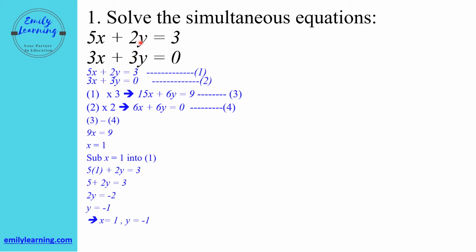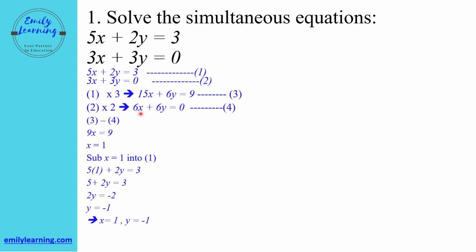So next, for the first statement, I'm going to multiply all the terms by the coefficient of y in the second statement. So I'm going to multiply every term in equation 1 by 3. Then for the second statement, I'm going to multiply it by the coefficient of y in the first statement. So I'm going to multiply every term in statement 2 by 2.